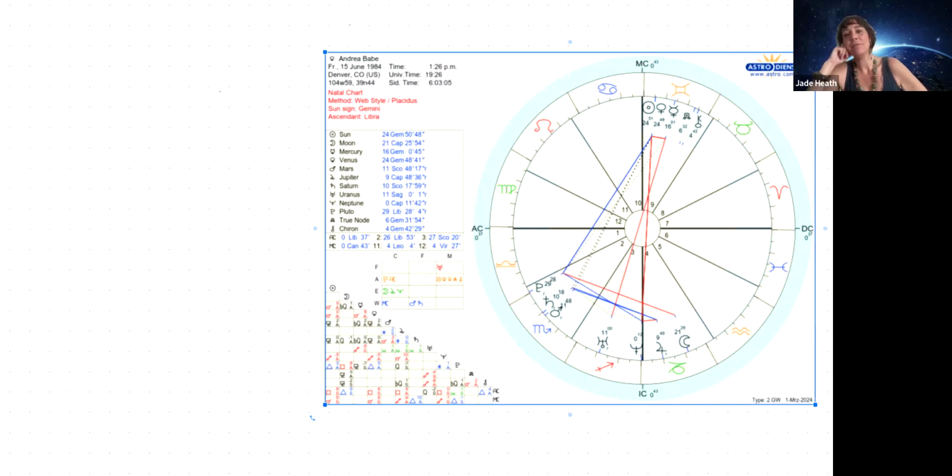So we have the sun, and then we also have Venus and Mercury. So you have three of the personal planets all together having a pretty heavy conversation, Venus and Mercury and the sun all in the 9th house of Gemini, which rules philosophy and adventure.